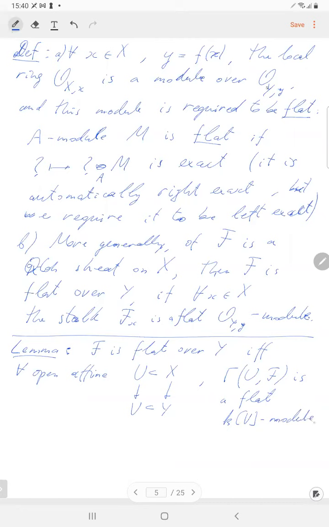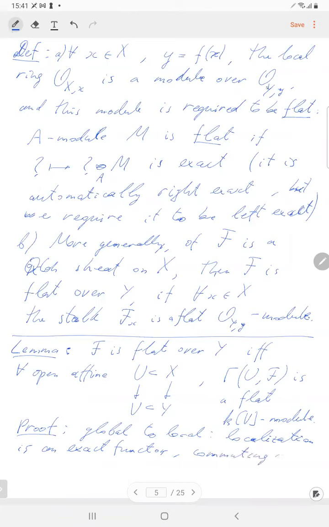Okay, and the proof is immediate. So in one direction, the global to local, just because localization is an exact functor, commuting with tensor product.